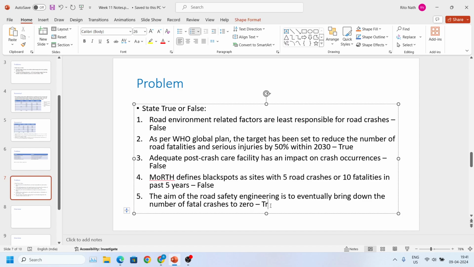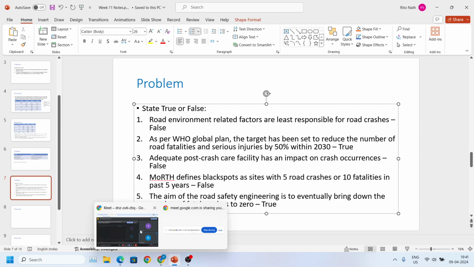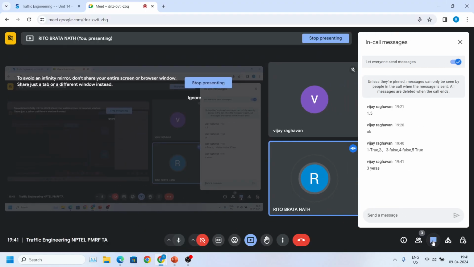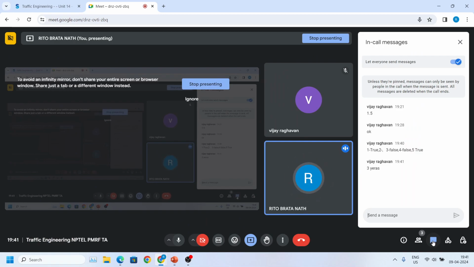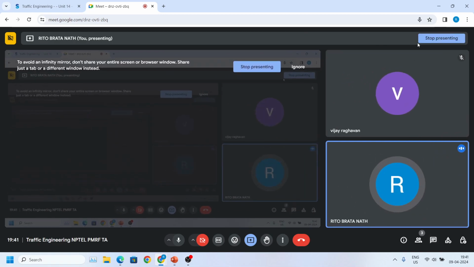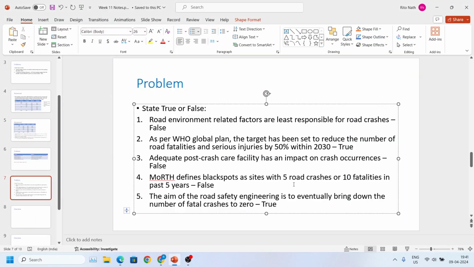That's actually true because we know that it cannot be brought to zero, but in an ideal scenario, that's the goal of road safety engineering. Okay, so yeah, that's 3 years. That's correct. So these are the answers to this.